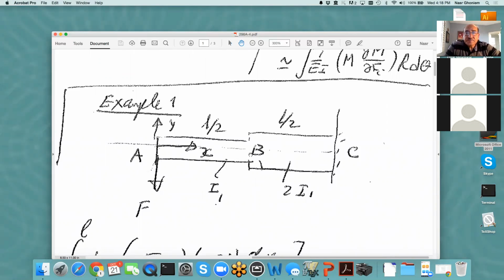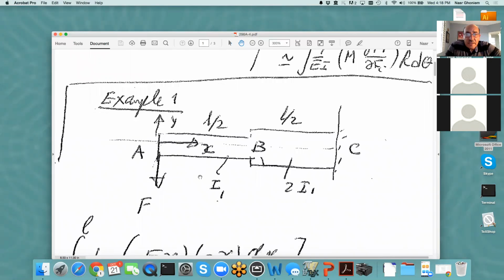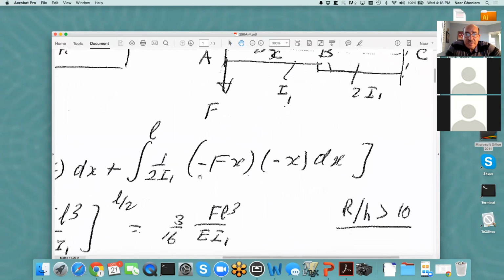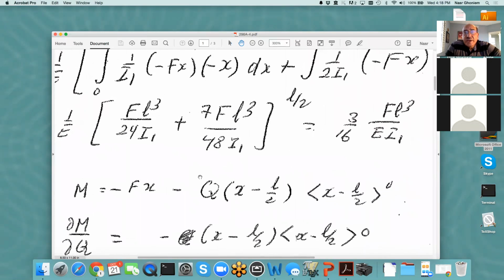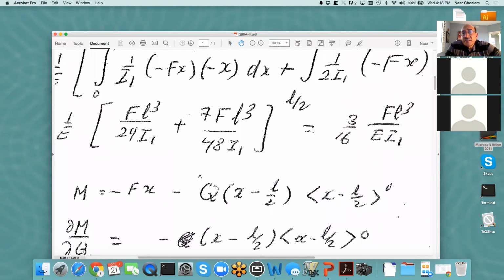So if I write now the moment in one equation, I can write it in two sections, right? I can write AB, and then section BC will be two different equations. But we learned that we could use singularity functions directly and write one single equation for the entire beam.